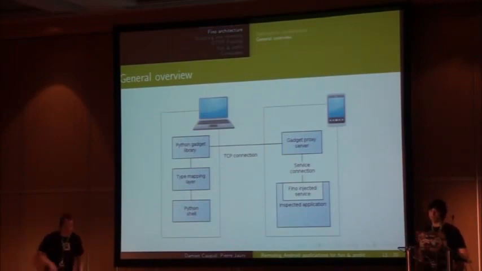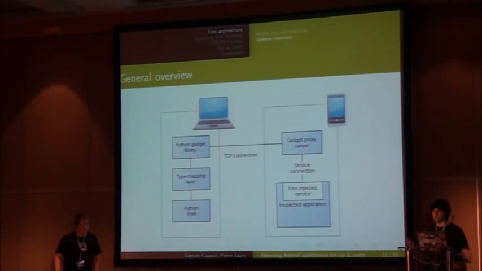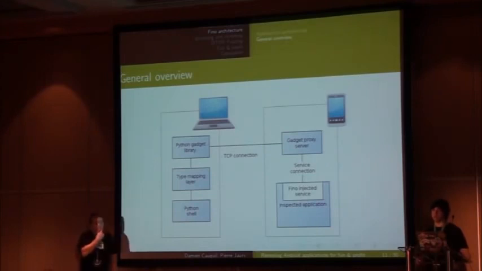So we have developed a TCP-based protocol to interact with the Gadget server. And every call we make to the Gadget server is actually forwarded to the service API provided by Fino. This grants us the ability to contact the internals of the application via the Fino service from any computer on the network. You just have to have TCP access to the phone.